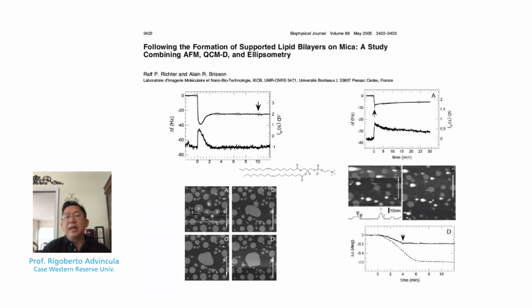But the experiment they did was they monitored the AFM image or micrograph in various stages of the deposition. So over time, what they observed, monitoring the change in frequency and deposition, is that the domains tend to form larger and larger domains observed by AFM as the deposition of the supported lipid bilayer takes effect over time.